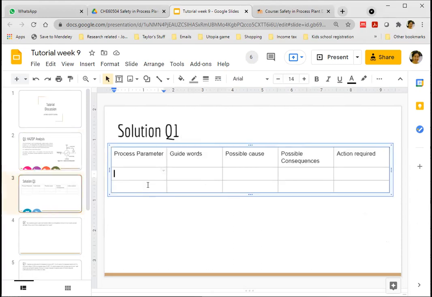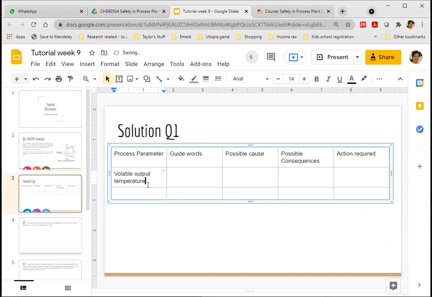So let me put this: volatile output temperature. You can use the guide words, where the temperature is too high, the temperature is too low, and what the possible causes are, etc. If you need more, you can extend from this table.